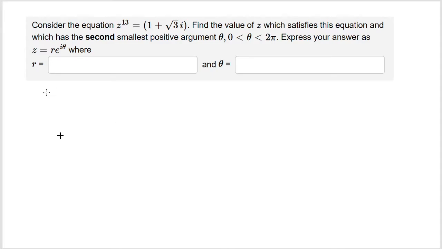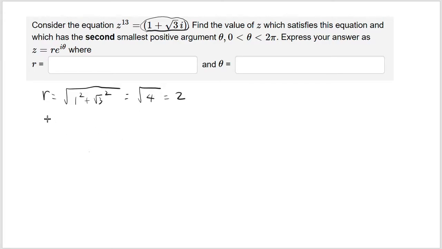So first, to solve any kind of equation like this, you always need to convert this into the polar form, and you could use formulas to do that. The r would be the square root of a squared plus b squared, and in this case you have 1 plus 3, which is 4, so that's 2.